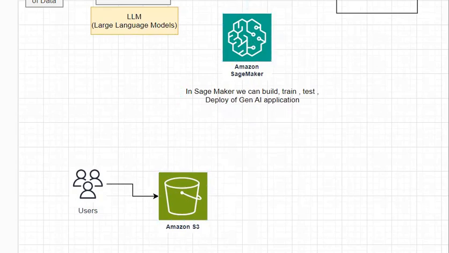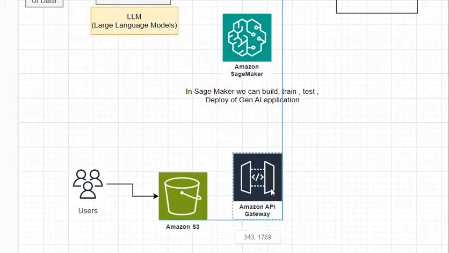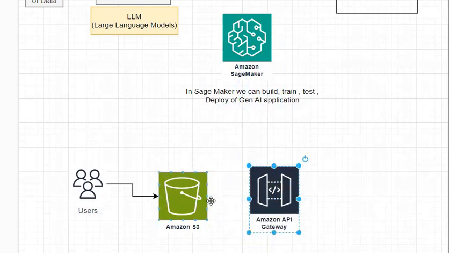Yes. In order to interact with SageMaker and get the response back, we need to provide some functions in between, that is, an API interface between our SageMaker and S3.